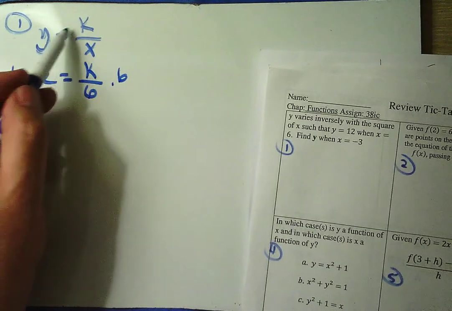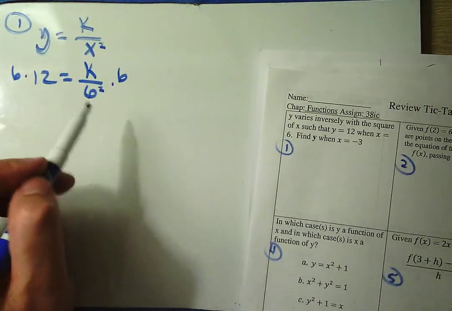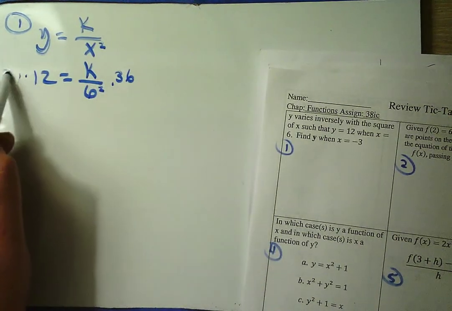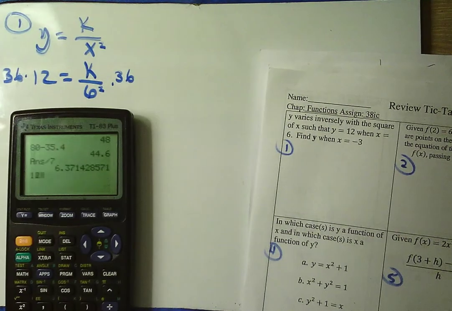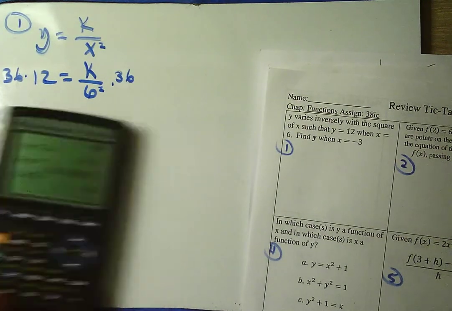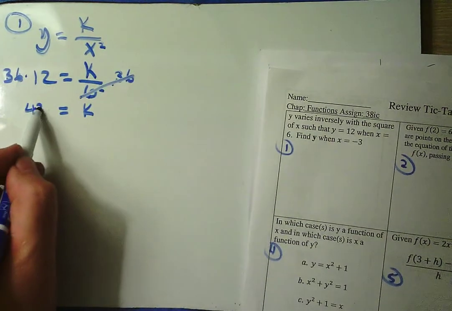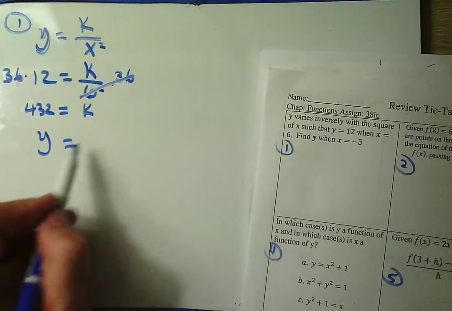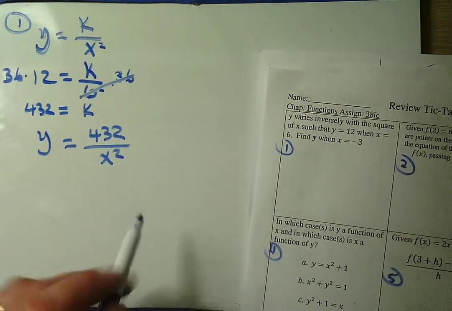I only did y varies inversely with x. That needs to be squared, so I need to be multiplying by 36 on both sides. Okay, so 12 times 36, I get 432. K equals 432. All right, so my variation model then would be 432 over x squared.